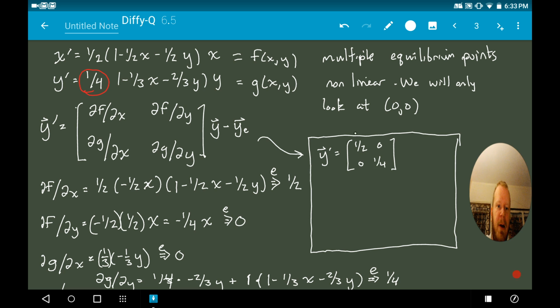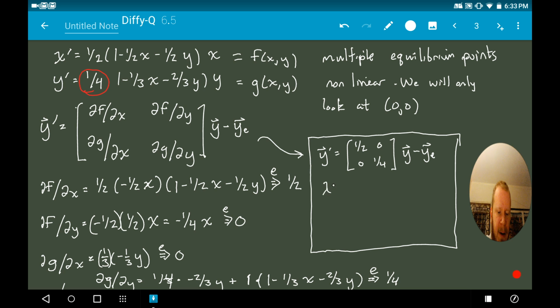And if we're looking for eigenvalues along here, if you have zeros along here, then you're basically just looking at the negatives of your two eigenvalues. So this is going to be y minus y at the equilibrium. But yeah, this is going to be very straightforward eigenvalues to figure out.